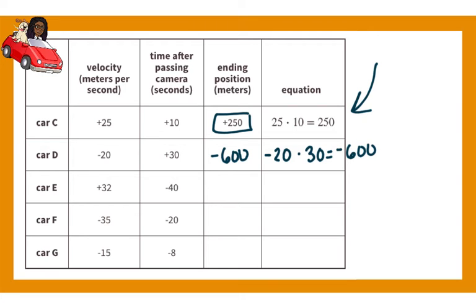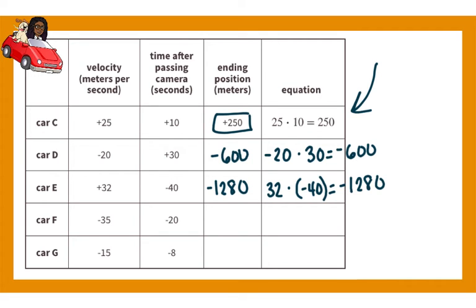So now if we want to calculate our ending position, what do we need to do? We're just going to multiply our positive 32 times our negative 40. And we're going to get negative 1,280. So where is our position when negative 40 seconds have passed? We're at negative 1,280 meters. That's where we are.